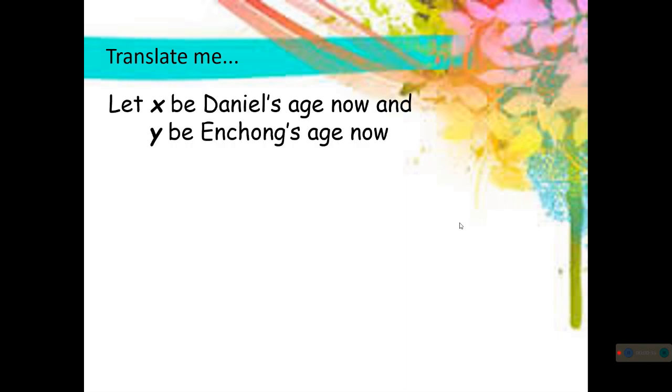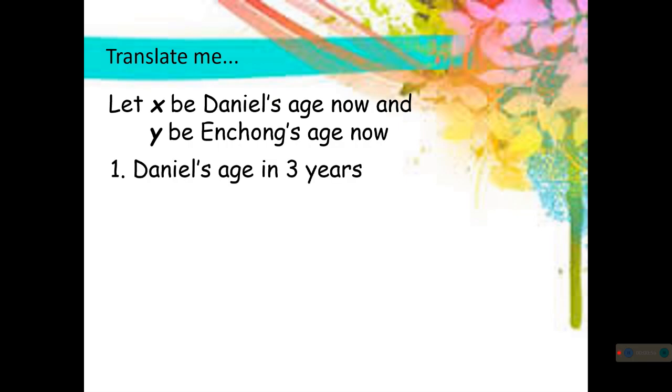Okay, so for our first activity, let us have the activity about "Translate Me." I have here already the representation that you are going to use. You are going to have X if you are going to have Daniel's age. So your X will be representing Daniel's age now, and our Y will be representing Enchong's age now.